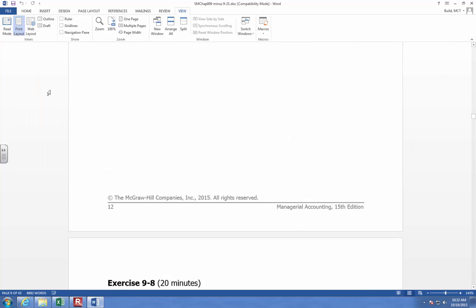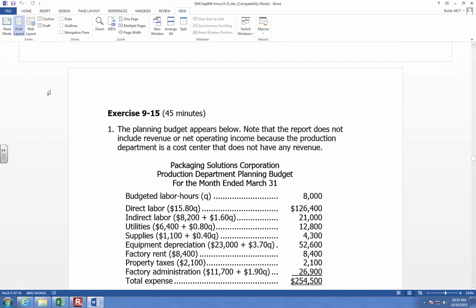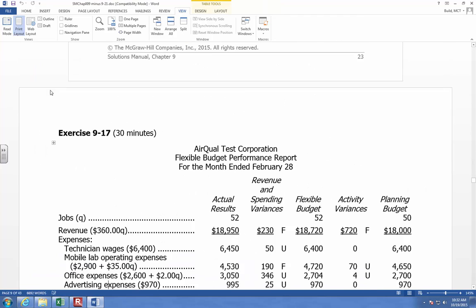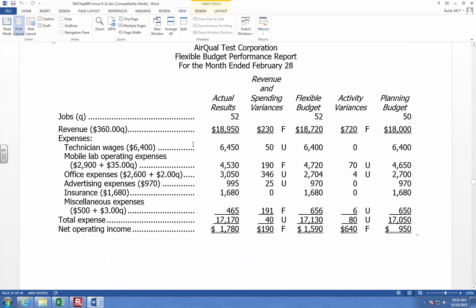9-17. This is basically the same. We're doing air quality tests here. I don't think there was anything out of the ordinary with this one, was there? It's a mobile lab. They thought they were going to do 50 jobs in February, but they actually did 52. And they wanted to see a full analysis.